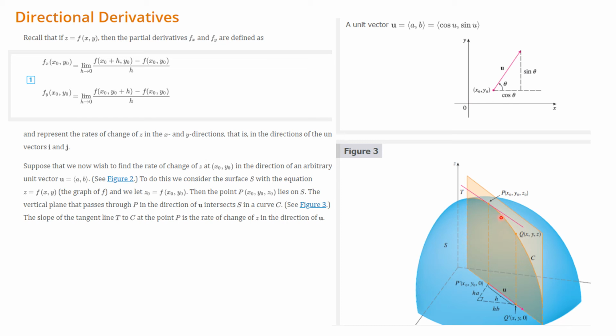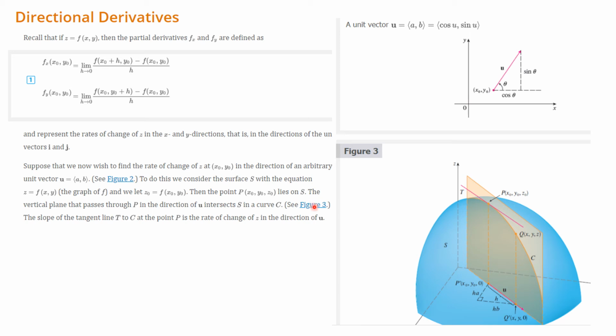Okay, so you consider the surface, and here is the surface that we're on, and there is the point, and this direction right here is in fact the direction of the unit vector u evaluated at that point.